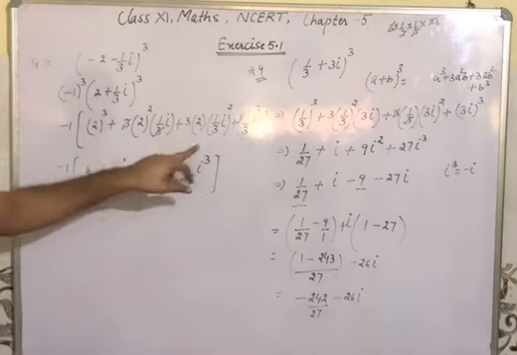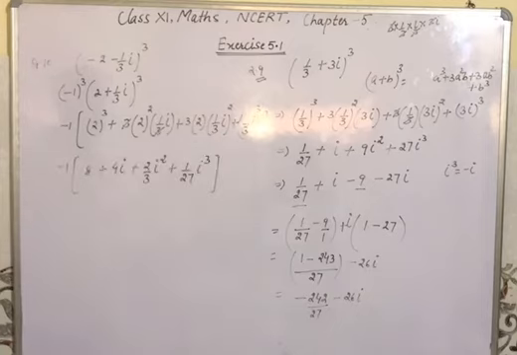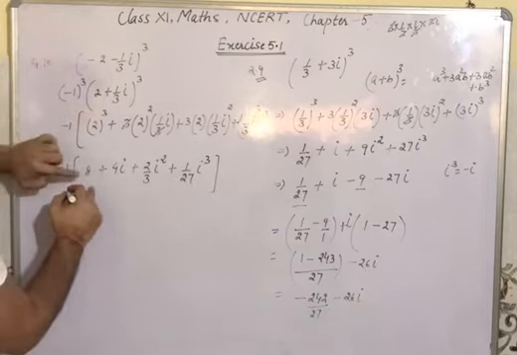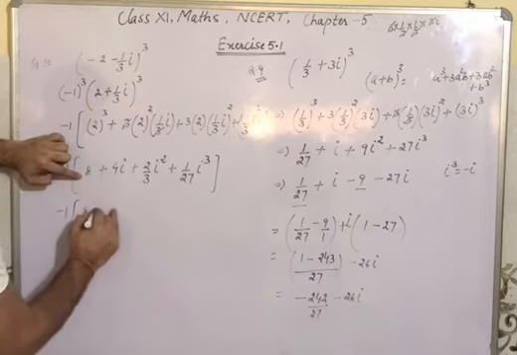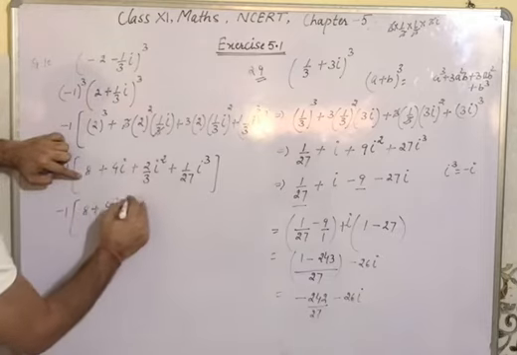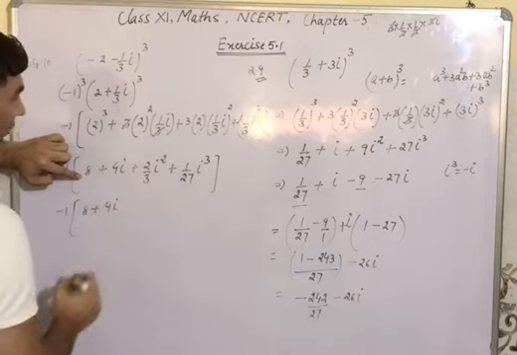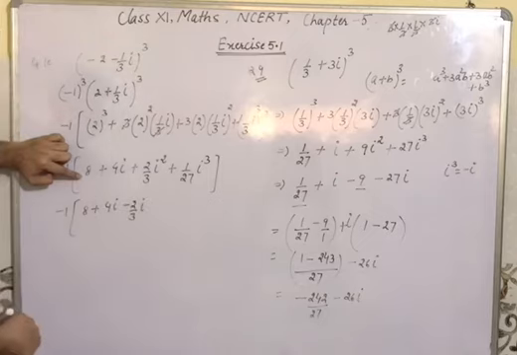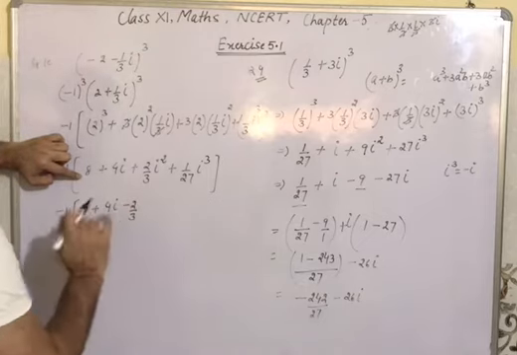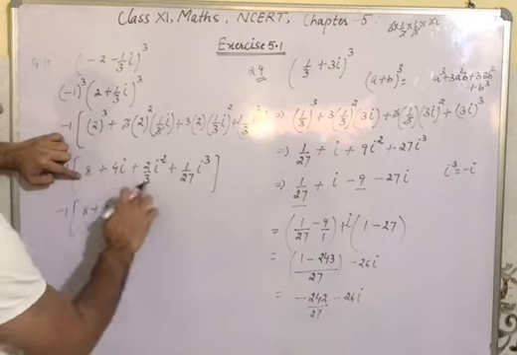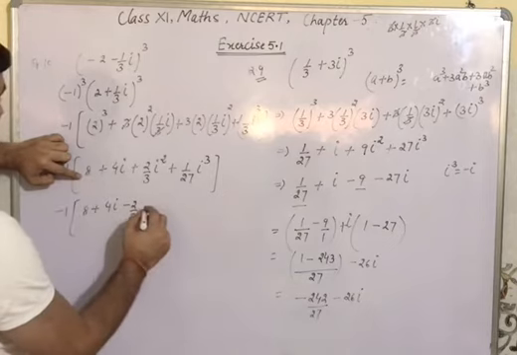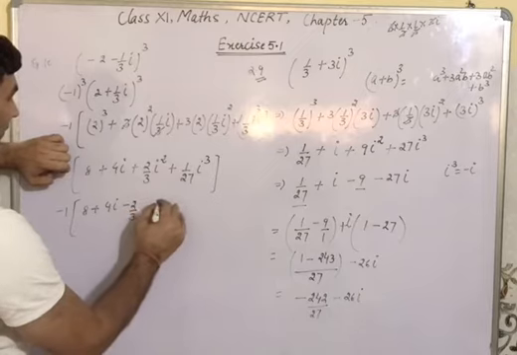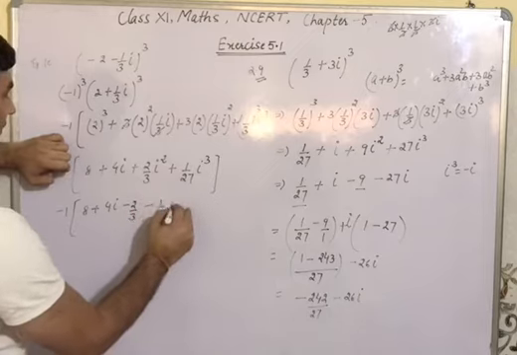This 3 will cancel out. And then this 8, this 4 iota, this 2 by 3 iota square is minus 1, this 2 by 3 only, and then this and this minus iota, 1 by 27 iota.